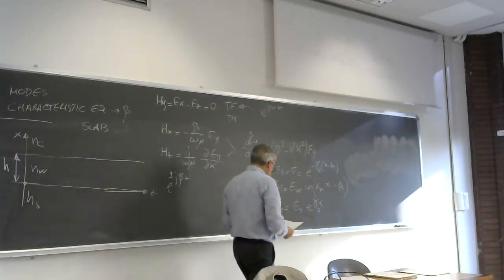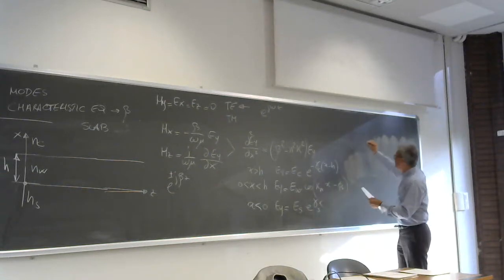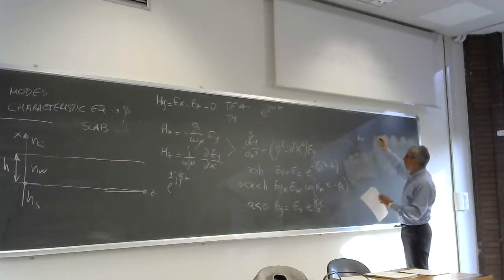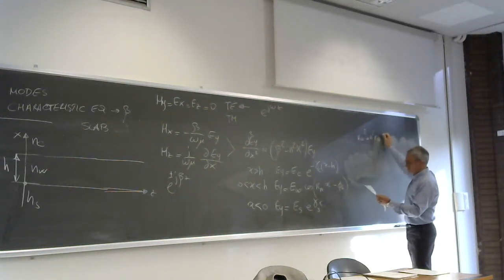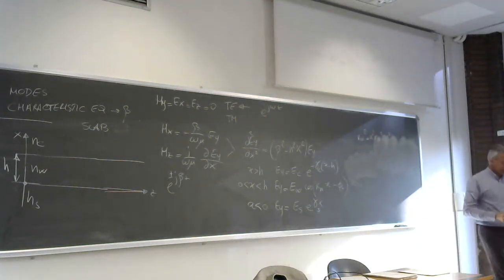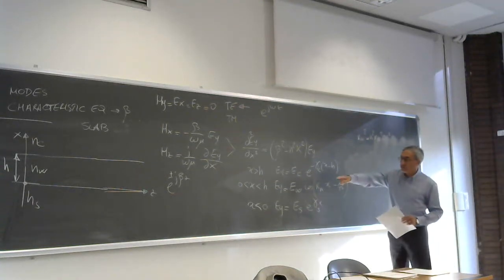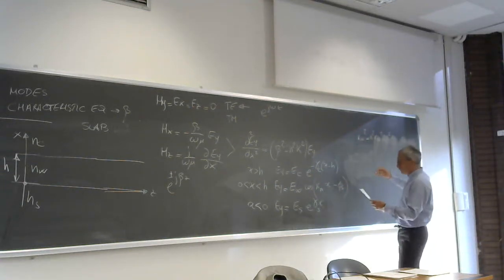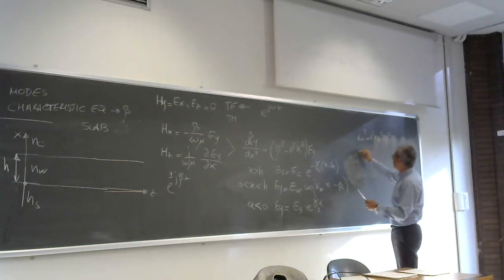So what you get is this very simple relation, kw squared equal to k squared minus beta squared. And if you do the same on the other discontinuity, you get something like this.